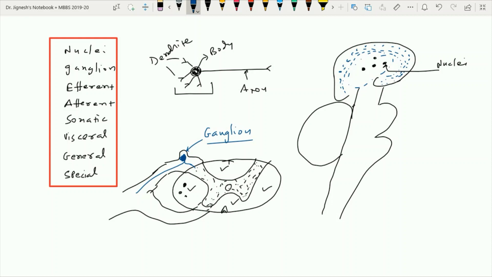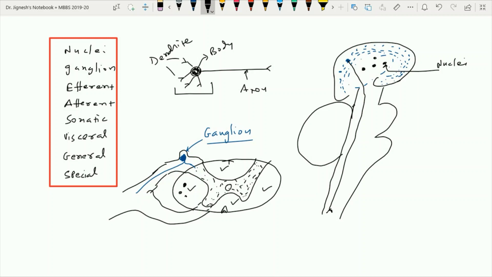The fibers from the cerebral cortex arise from a single point and pass down through the brainstem to ultimately reach the spinal cord or the other part of the brainstem, or we can say the nuclei of the cranial nerves.